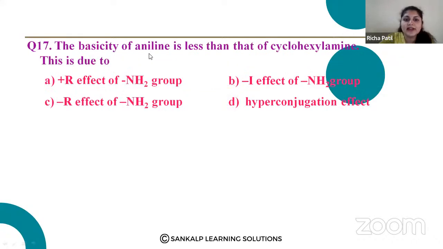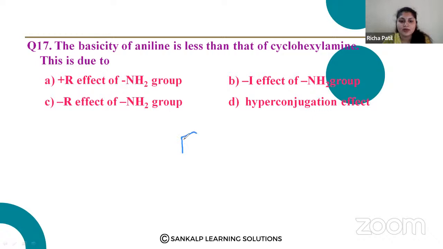Next, the basicity of aniline is less than that of cyclohexylamine. This is due to what? What is cyclohexylamine?